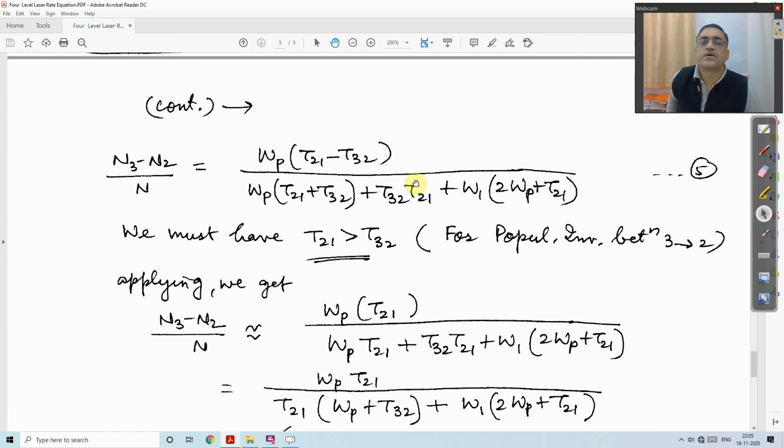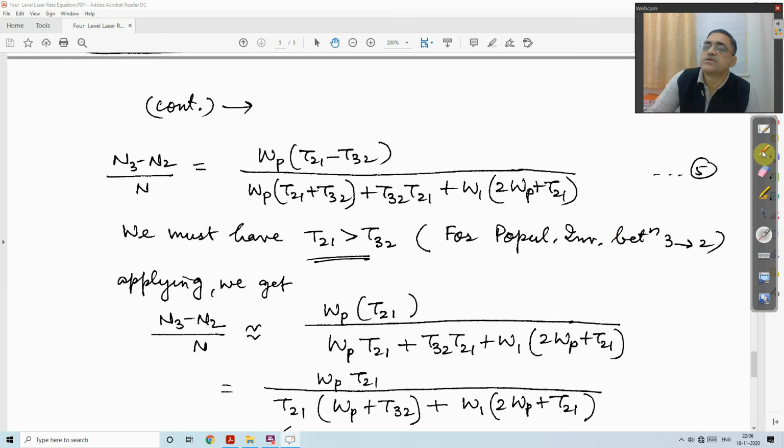N3 minus N2 by N equals WP bracket T21 minus T32 divided by WP plus T21 T32 plus the product of both rates, this is the pumping rate, this is the lasing rate, 2WP plus T21. Now here, as earlier, we use the condition.